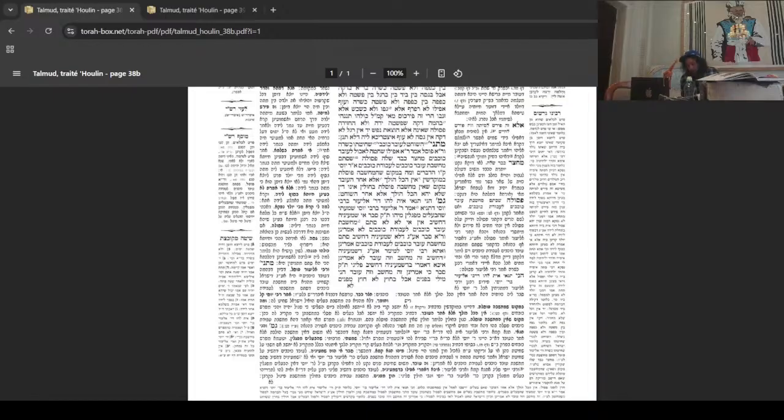But the Tanna Kamma says that if we don't know what he's thinking, we don't just assume that it's for idolatry, and therefore it's kosher in Chulin. And Rabbi Eliezer says, no, we do hear that even if we don't know what he's thinking, we assume that it's idolatry and it's pasul.